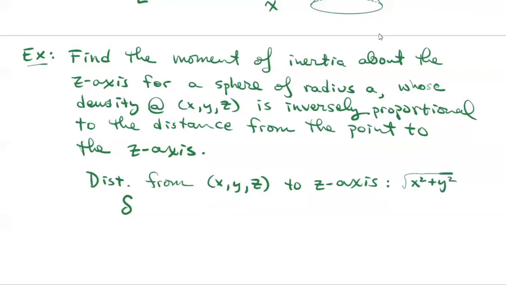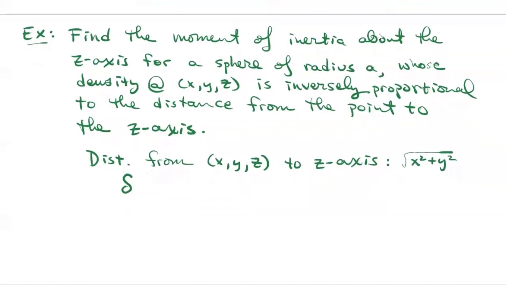And density, remember I use a delta for density. The book uses a rho. So delta of x, y, z is inversely proportional to the distance. So you need a constant of proportionality and you multiply by the inverse of the square root of x squared plus y squared.